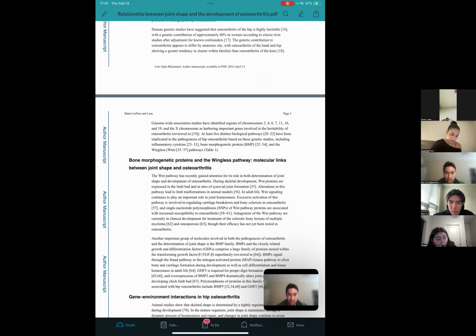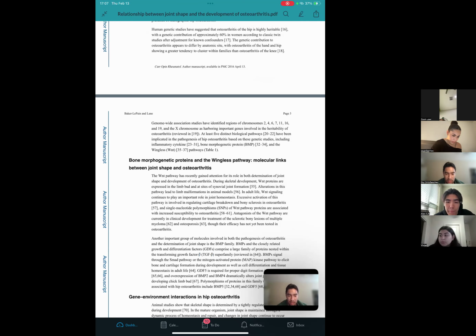Antagonists of the wingless pathway are currently in clinical development for treatment of the sclerotic bony lesions of multiple myeloma and osteoporosis, though their efficacy has not been tested in osteoarthritis. Another important group of molecules involved in both the pathogenesis of osteoarthritis and the determination of joint shape is the BMP family.